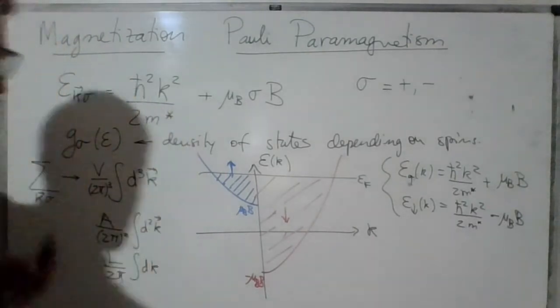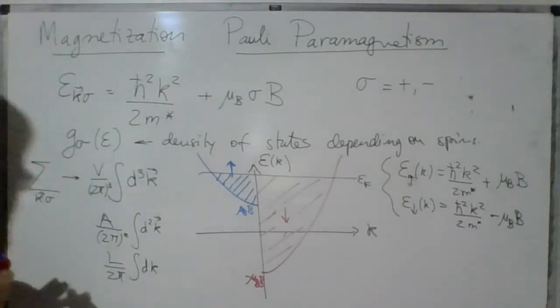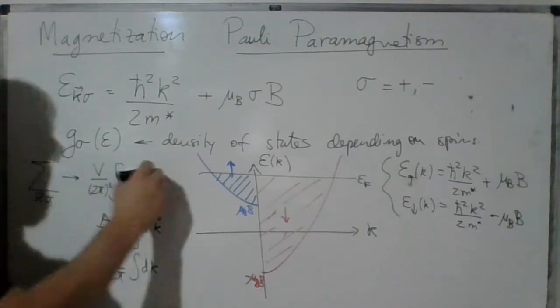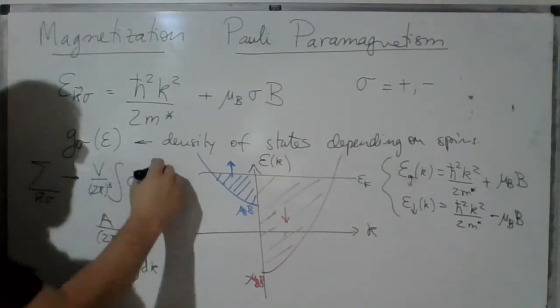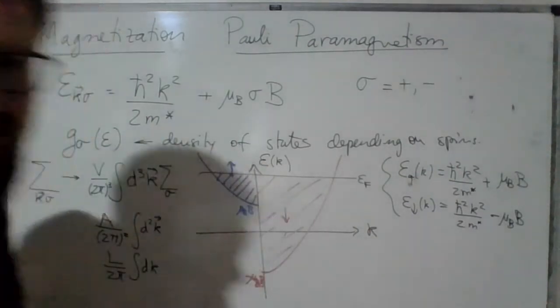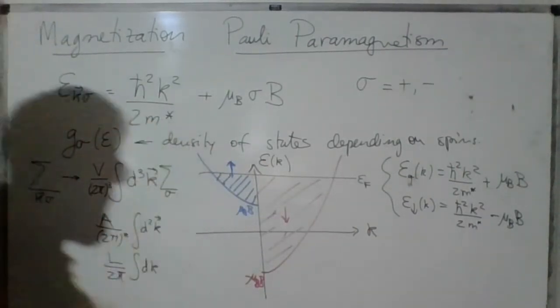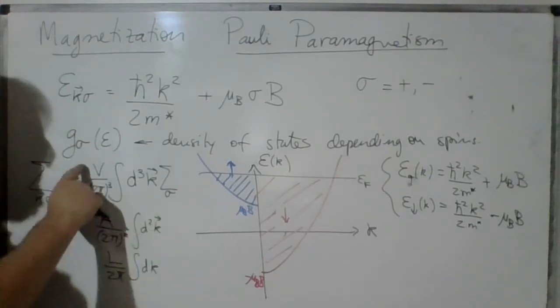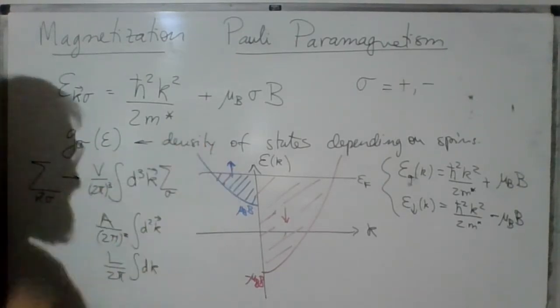So the summation over spins cannot be removed anymore. So we need to sum over spins, because previously we just considered that spin is a degeneracy factor of 2 and multiplied everything by 2.